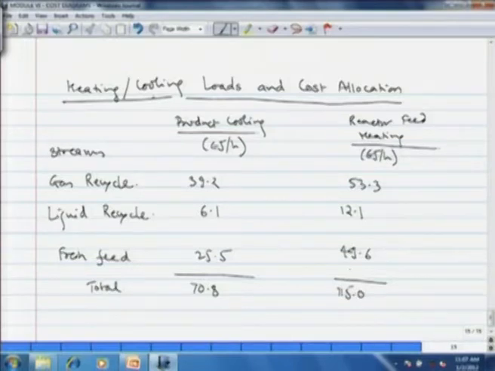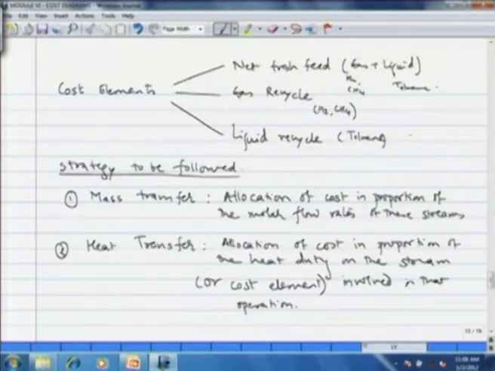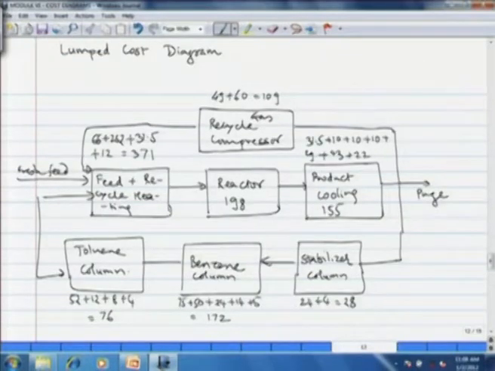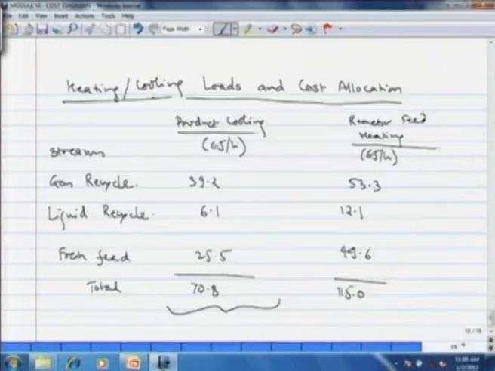Now we allocate the cost. The total cost of product cooling, as we found in the lumped cost diagram, was 155 and feed and reactor heating was 371. So, that cost we are now going to distribute. Product cooling is 155,000.